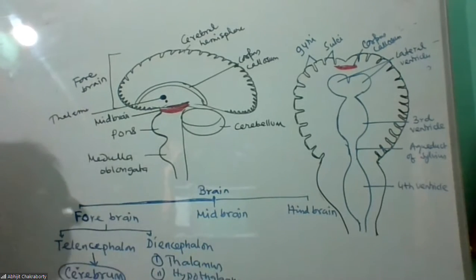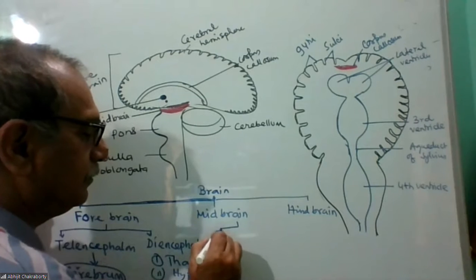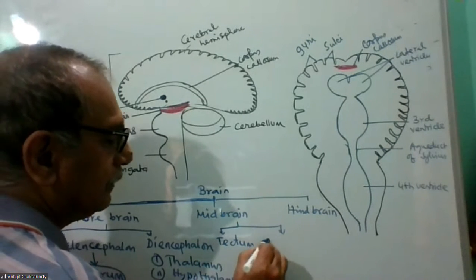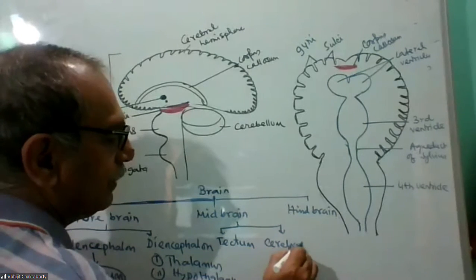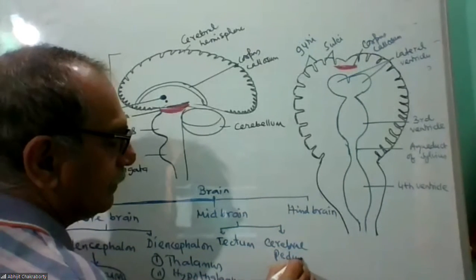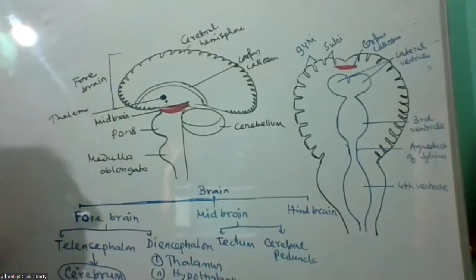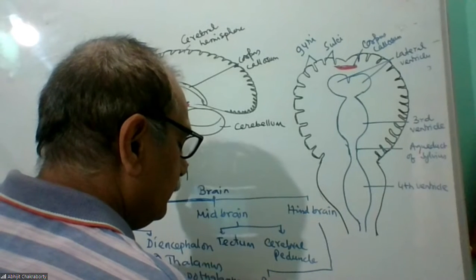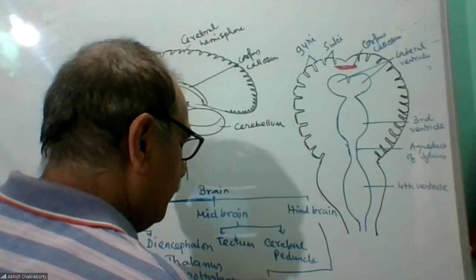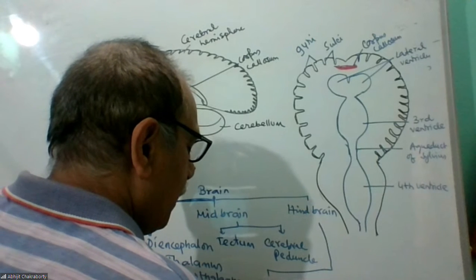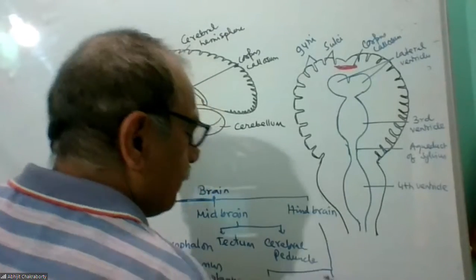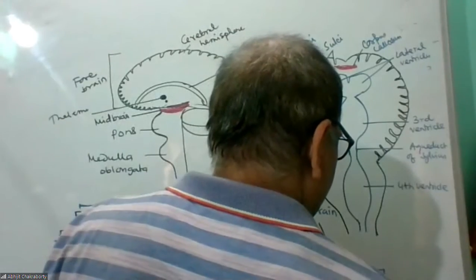Midbrain includes tectum and cerebral peduncle. And hindbrain includes pons, cerebellum, medulla oblongata.